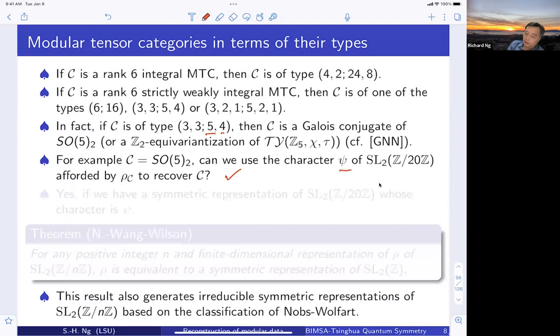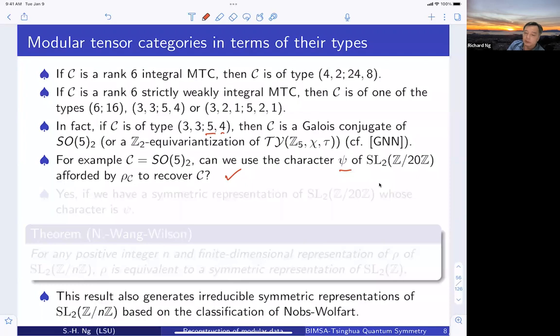This is the kind of question in my work: can the character determine a finite family of modular categories, even if it's empty? So this is actually the goal. Input is a character, output is the modular data of a modular tensor category.